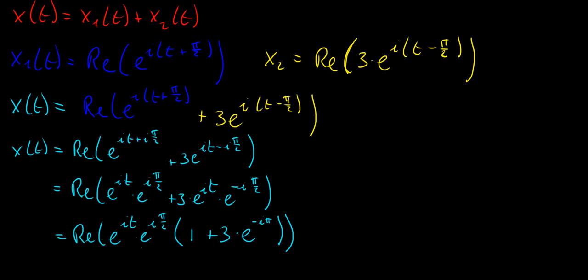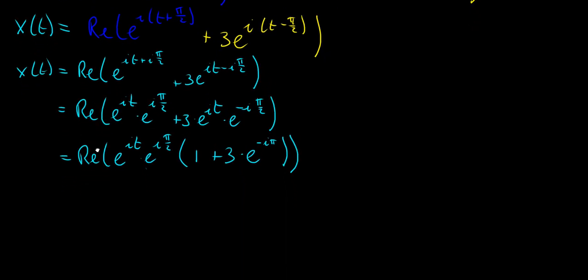Because if we multiply this with this, we have to add the powers together, and minus pi plus a half pi is minus a half pi, which gives us back what we had originally. You can also do this in 2 steps. First take out e to the power it and then see what you're left with. But for now, we have taken this out and we are almost finished already.